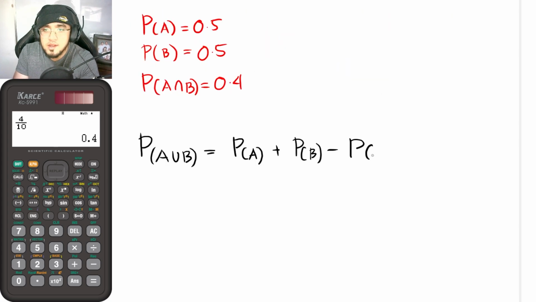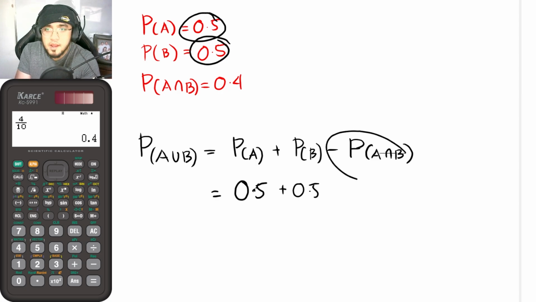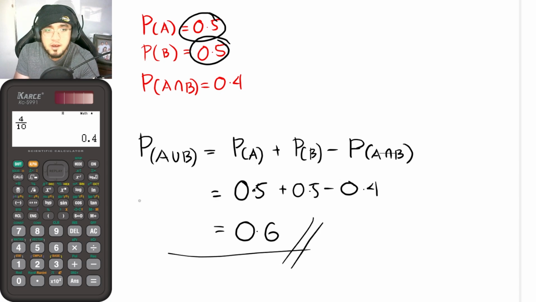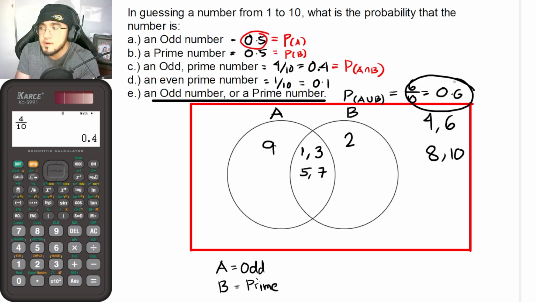So with that, that is now subtracted by or minus the probability of A in intersection with B. Okay, so with this, guys, substituting known values, this is now equal to 0.5 plus 0.5 minus the intersection, which is 0.4. And with that, our answer is now equal to 0.6 as confirmed in our previous number. So they are actually the same.